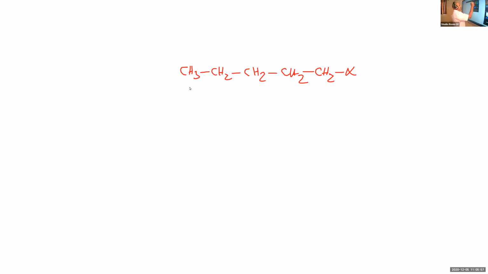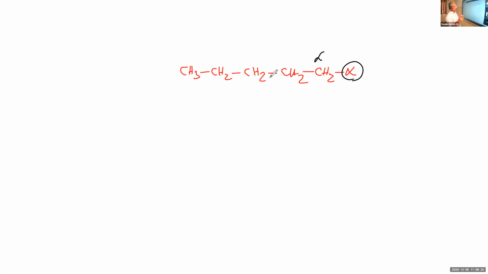Here, the functional group is X. The carbon atom bearing the functional group is called the alpha carbon. The hydrogen atoms on the alpha carbon are alpha hydrogens.